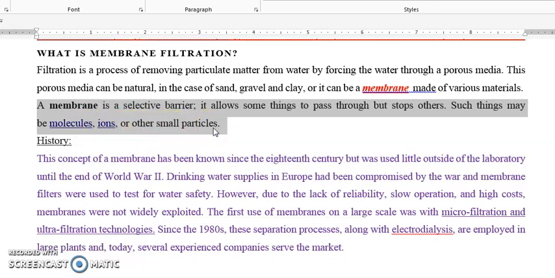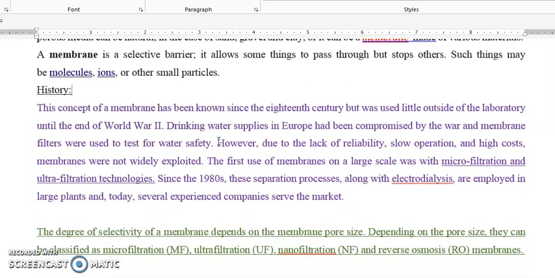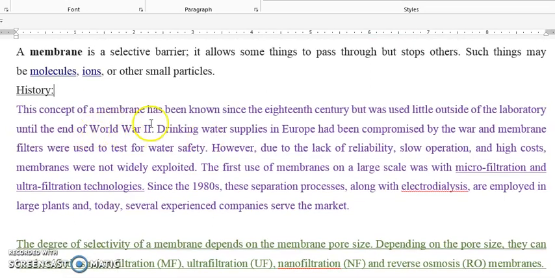Now let's see some history about membrane filtration. This concept of membrane has been known since the 18th century, but was used little outside the laboratory. Mostly for study purposes these were used till the end of World War II, when drinking water supplies in Europe had been compromised by the war and membrane filters were used to test for water safety.